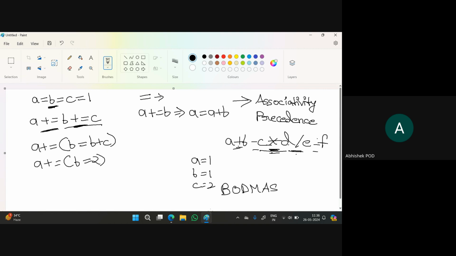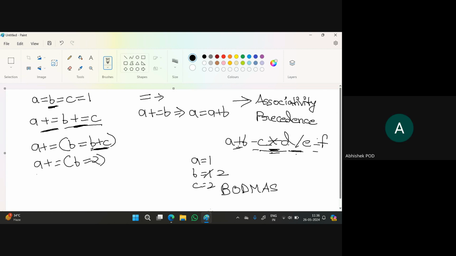So the value of B has now been overwritten to 2 from 1. Previously it was 1, now it has been overwritten to 2. But remember, by the time this operation was happening, the value of B was 1 only, right? That's why you said 1 plus 1, it becomes 2, and now B becomes 2, right? Is that understood? Yes, sir.